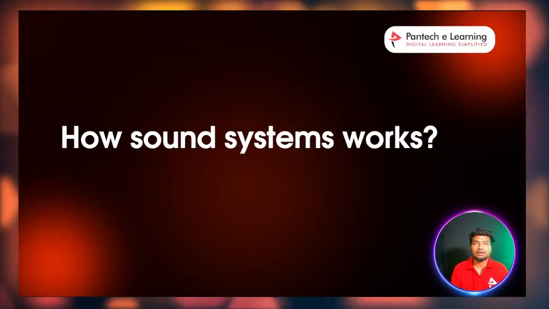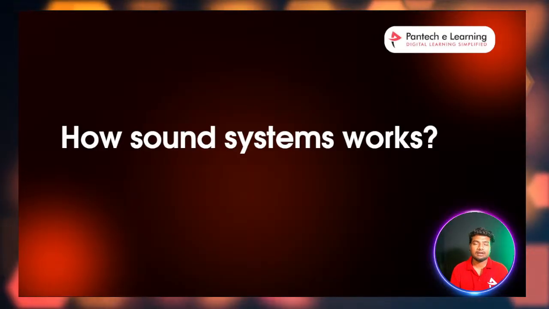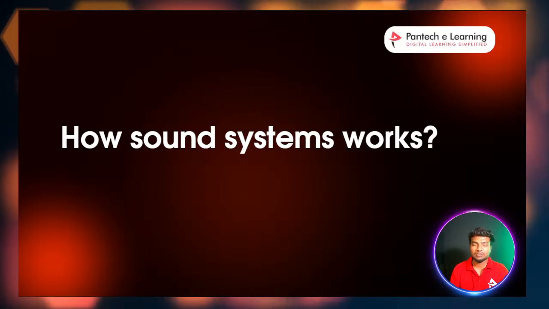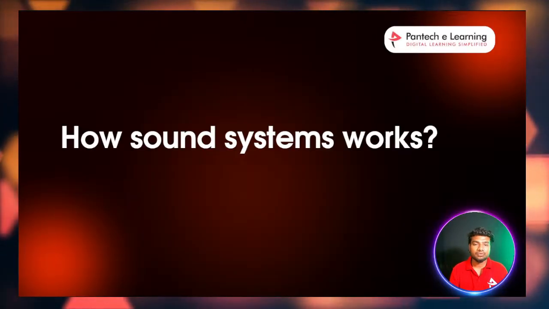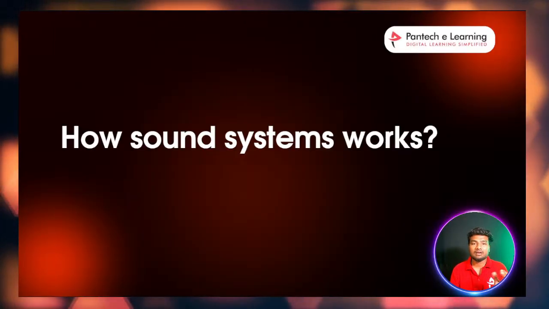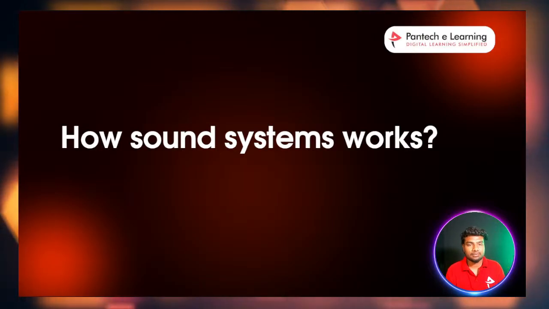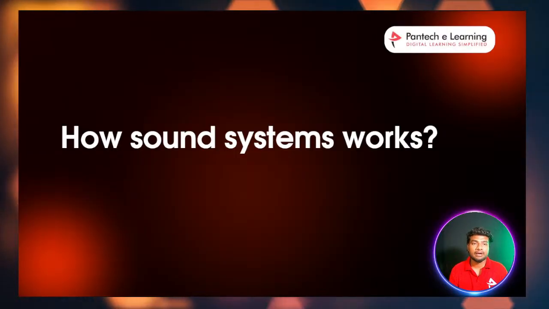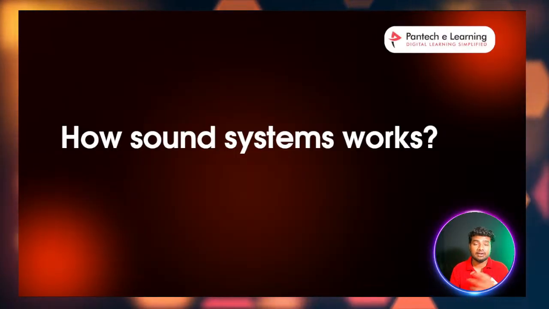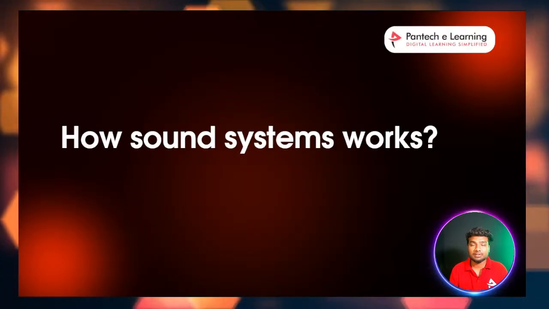A home theater has speakers on the front side, right and left, and on the back side also, back right and left, and then a subwoofer. If you take a 5.1 home theater as an example, it has 5 speakers: front right, front left, back right, back left, and one from the center, and then we have the subwoofer.